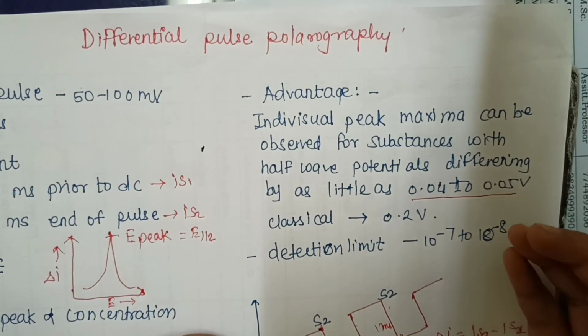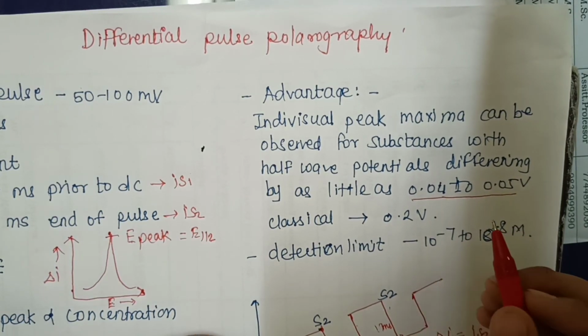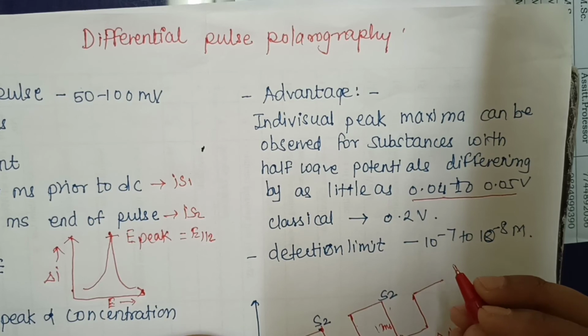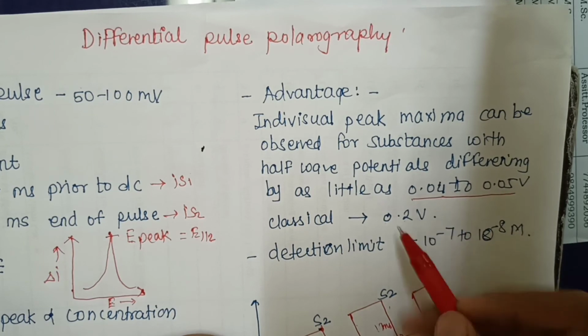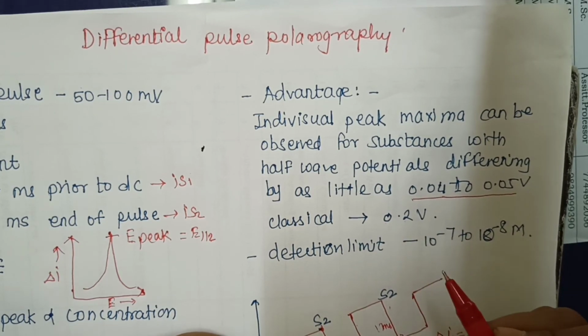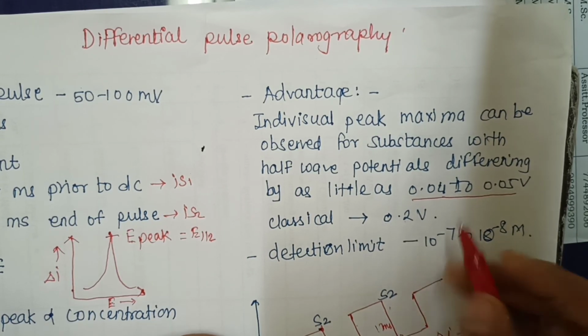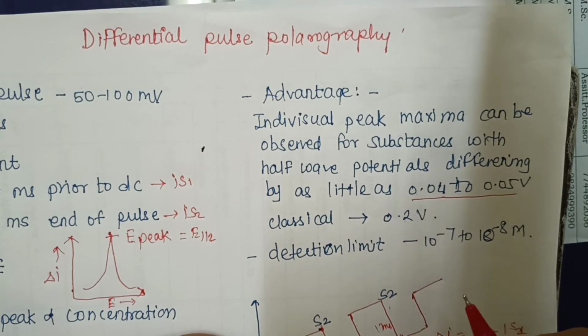So even if the potential difference is as low as that, we can measure individual peak maxima by this technique. But in classical polarography we required a 0.2 volt difference between the two elements. In this technique the difference required is 0.04 to 0.05 volt, as low as that.